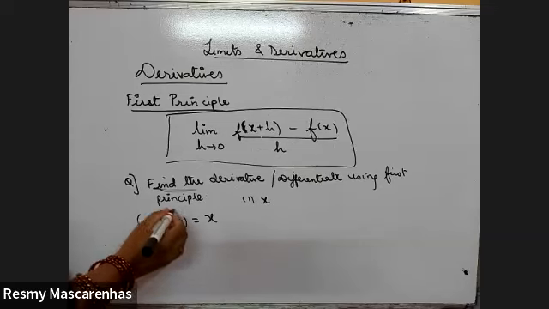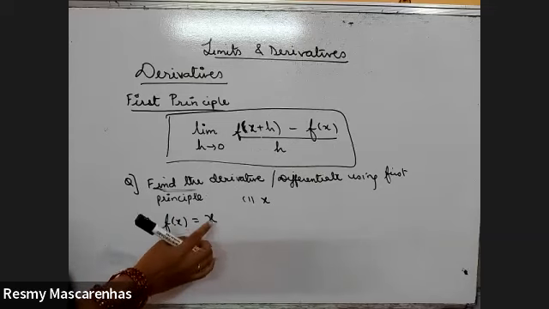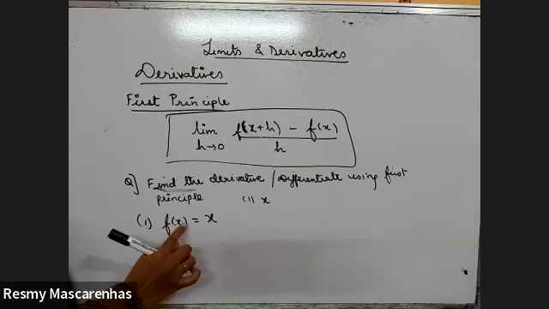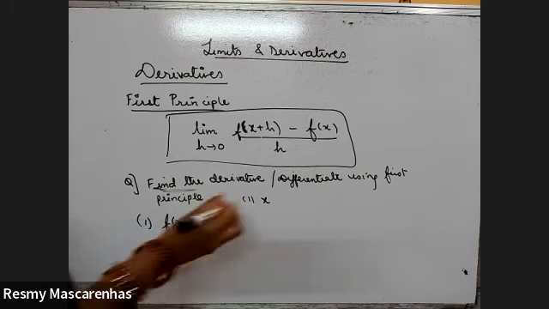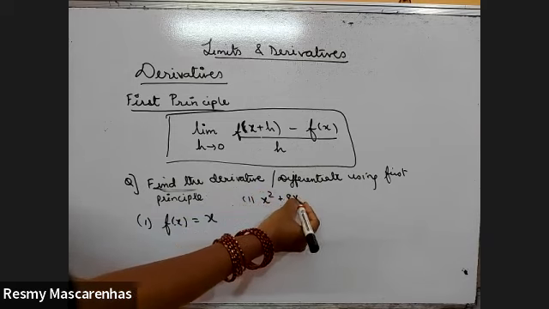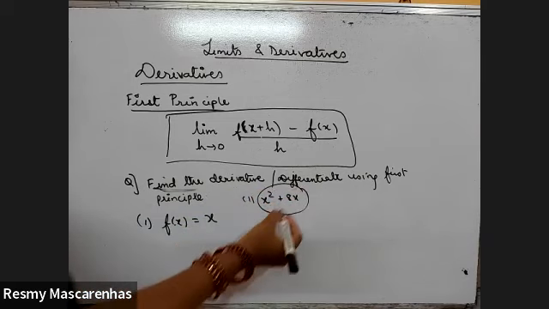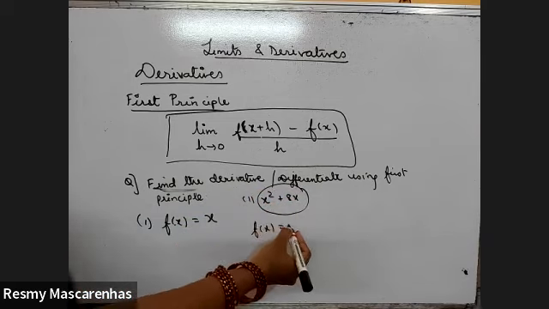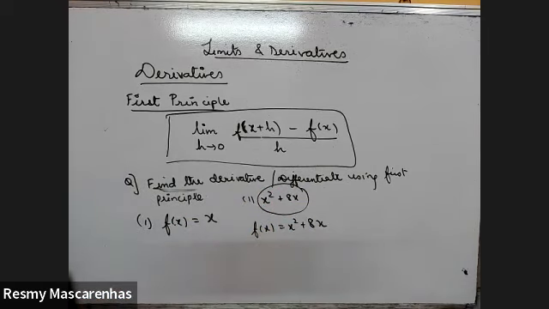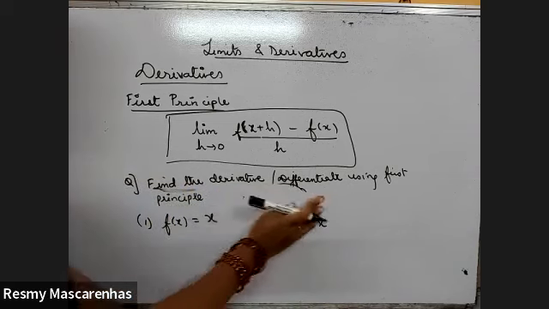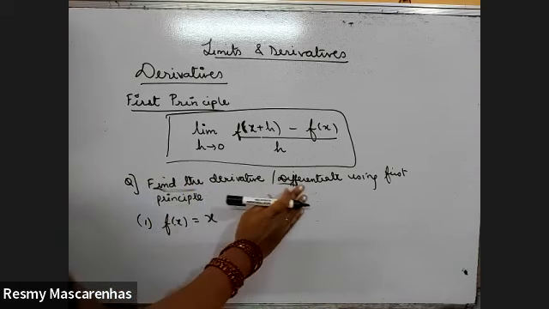This is there by default. Even if they give x square plus 8x or something, it will be equal to f of x. So for any question, it is always f of x.